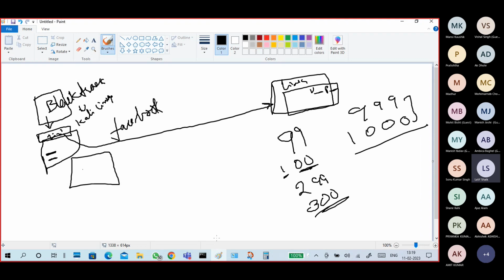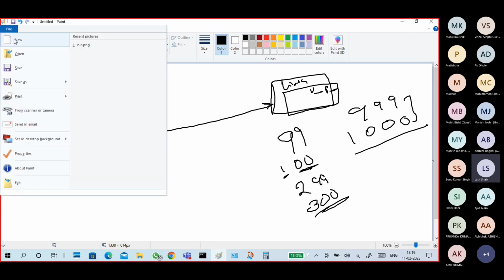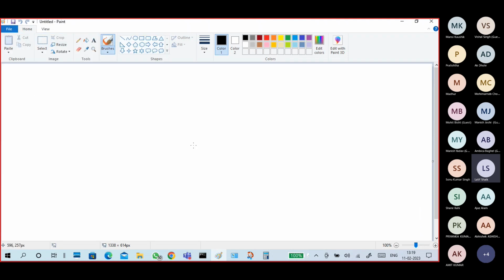Unicast means one-to-one. You ask me a question, I tell you an answer, right? It means one-to-one. Okay, so there is an A and there is a B. You send a ping to B, so it means you are sending a ping request to B. Unicast.